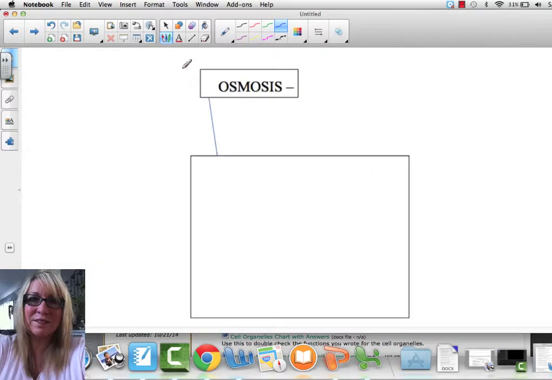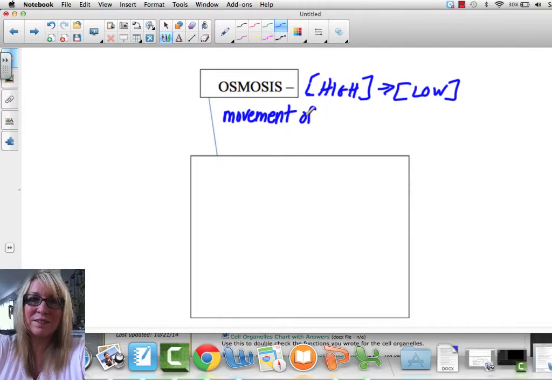Okay, let's look at the next one. Osmosis. So this is when we're going from an area of high concentration to low concentration. However, this has to do with movement of water only.